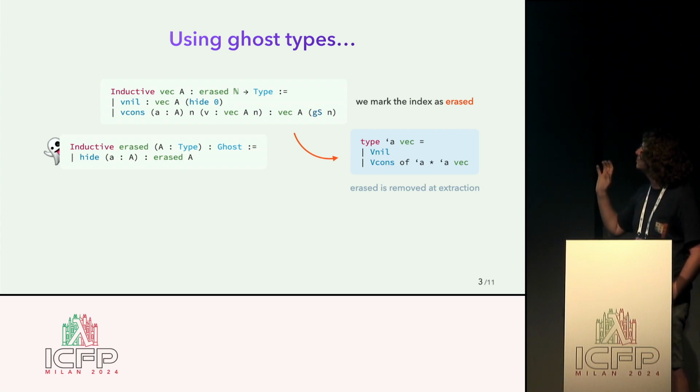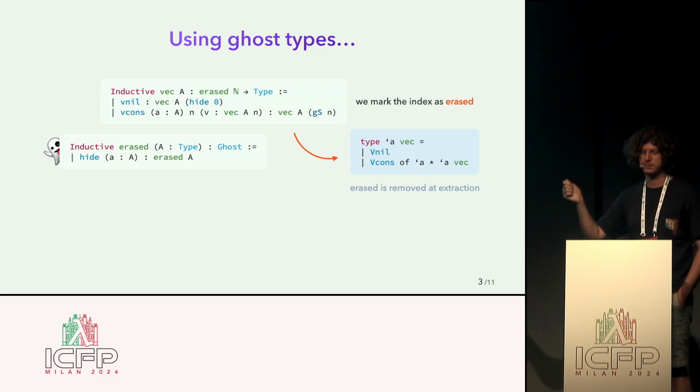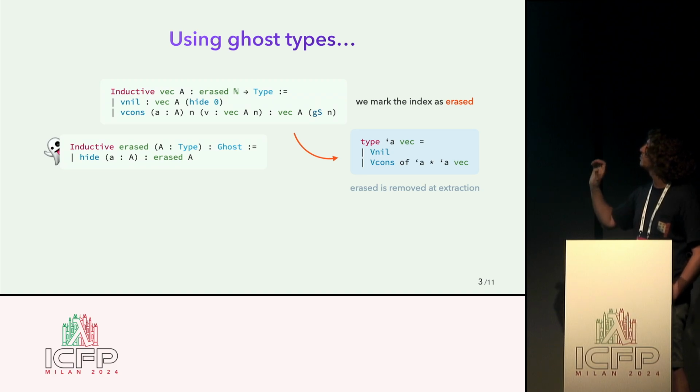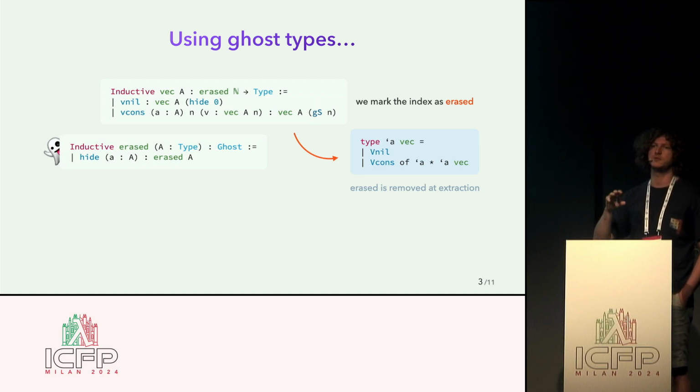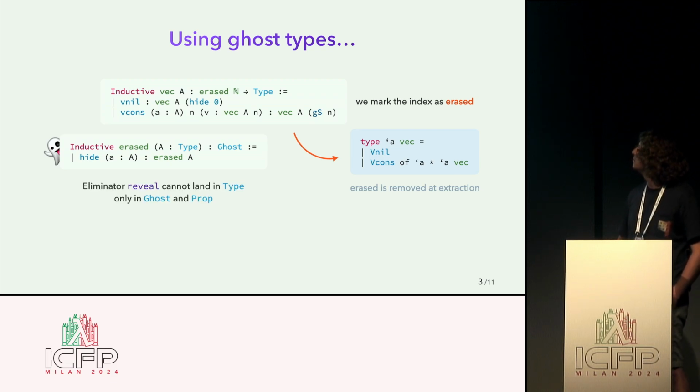Okay, so in that setting, essentially you could see hide as a constructor to some erased inductive type that goes from, that's some kind of boxing that goes from type to a new universe that I call ghost. And then this inductive type would have an eliminator that I call reveal, again following the F star naming conventions. The important part is that you cannot use reveal to produce some relevant value.